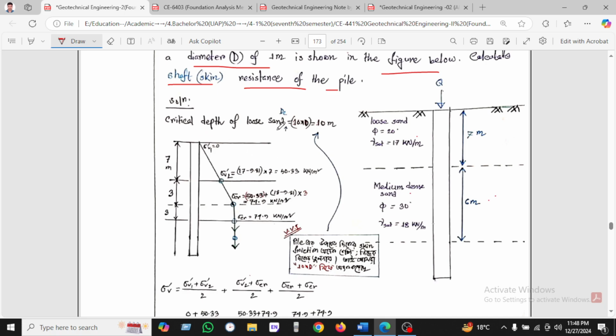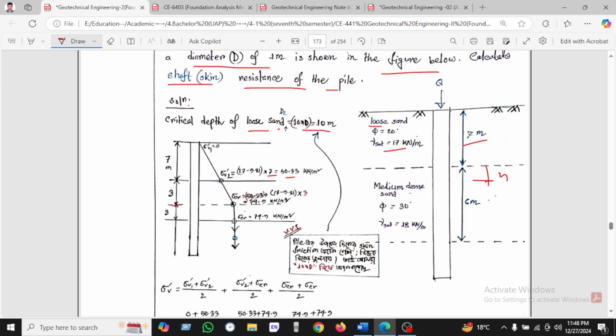So the critical depth of the loose sand, we can see the loose sand as 10d, which is 10 meters. So this is 7 meter, and it will be 3 meters. So it will be 10 meter. And sigma v at this point is 17 minus 9.81, where 9.81 is the unit weight of water, and 7 is the layer, and found 50.